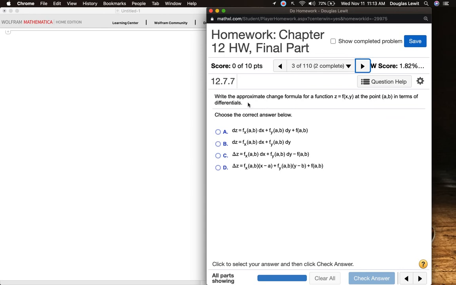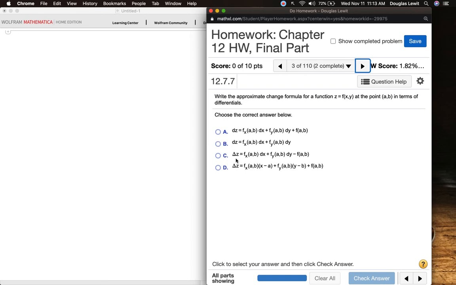Number 3, write the approximate change formula for a function z is equal to a function of x and y at the point AB in terms of differentials. Okay, so we're going to rule out C and D. It's definitely not C and D. Why isn't it C and D?